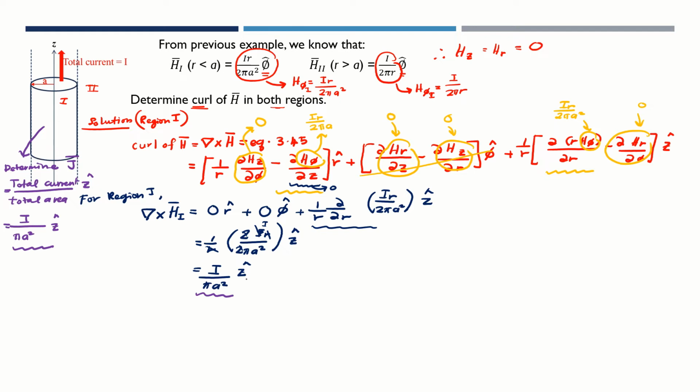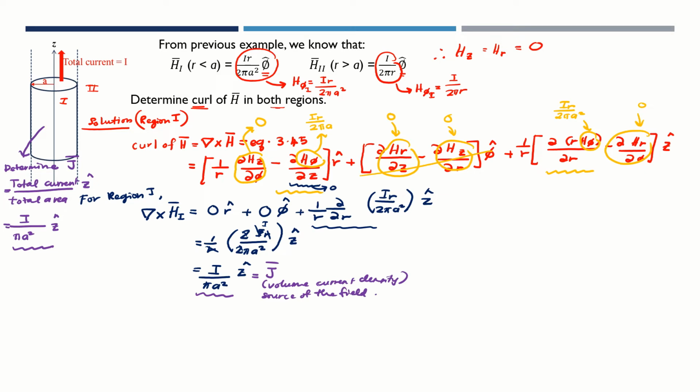So we can say that this answer is actually equal to J, the volume current density, or the source of the field. So at region number 1, the final answer of the curl of H is the same as the volume current density, the source of the field.